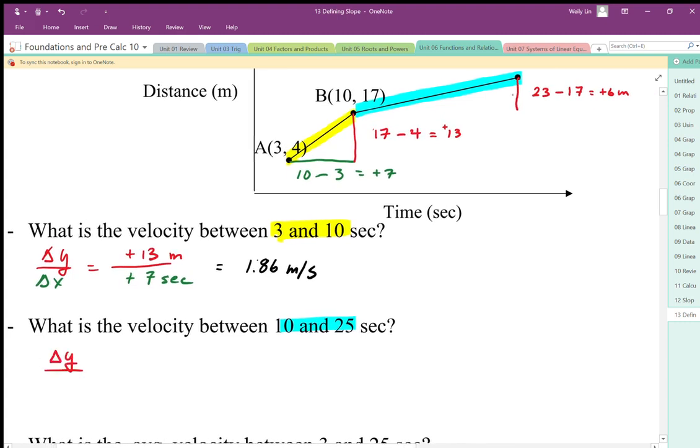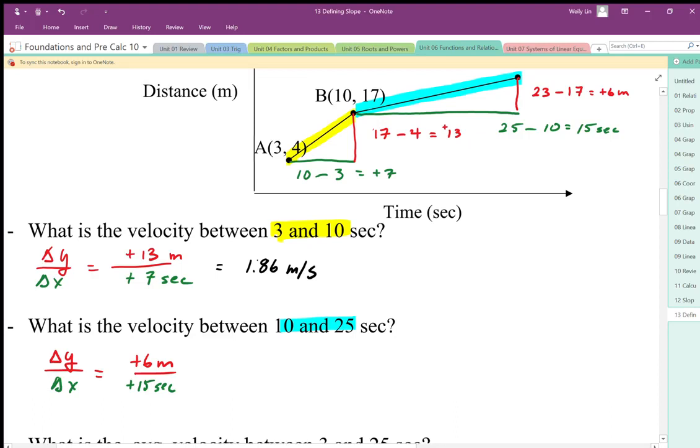So it's always the second coordinate that comes first on top. It's going to be positive 6 meters. And then we need to compare this to the change in x. So the change in x is going to be between 10 and 25 seconds. So when we subtract the end minus the start, we end up with 15 seconds as our change, or positive 15 seconds as our change.